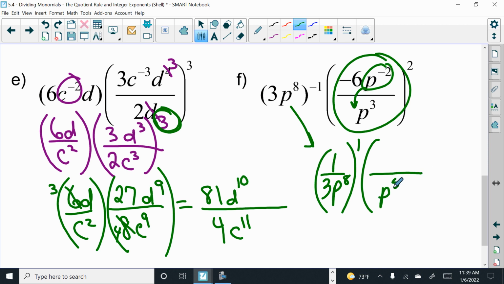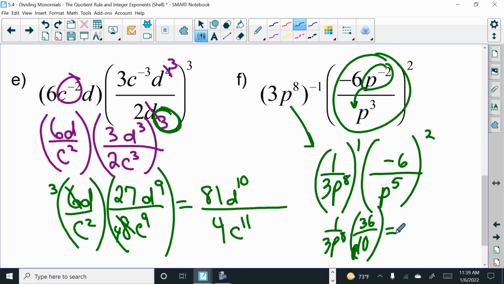Excellent, so I have p to the 5th down here, and I have a negative 6 here squared. So then I have 1 over 3p to the 8th times 36 p to the 10th, which will equal 36 divided by 3, that's 12, over p to the 18th.